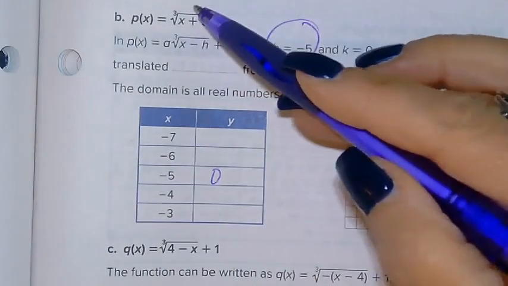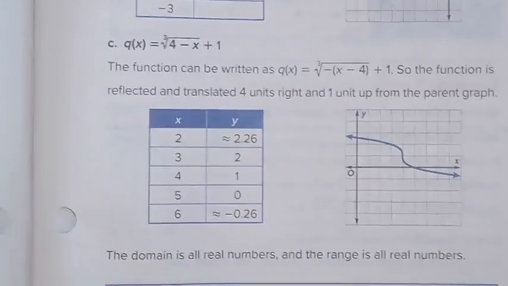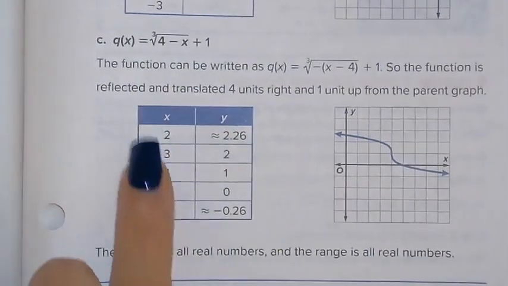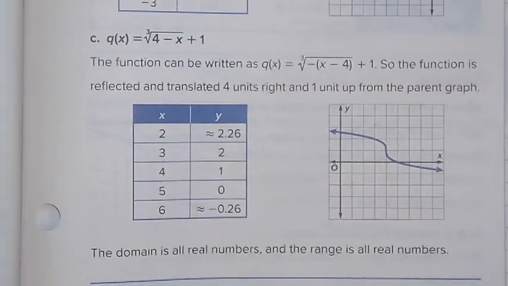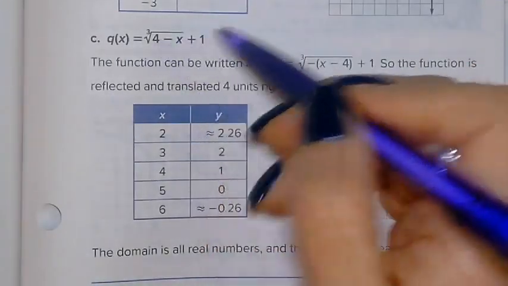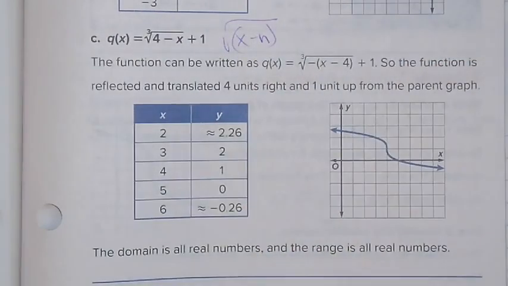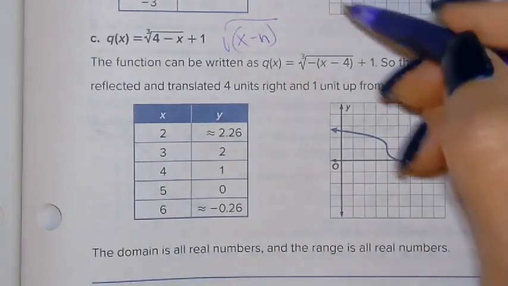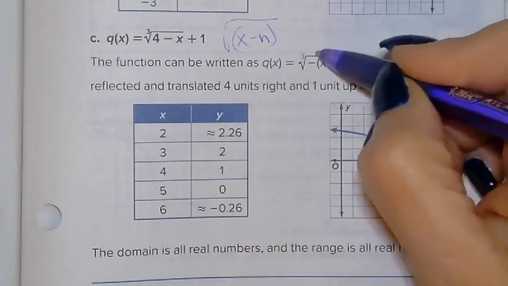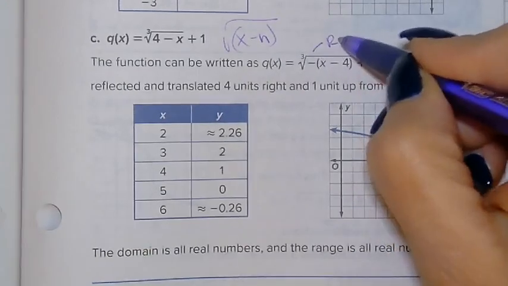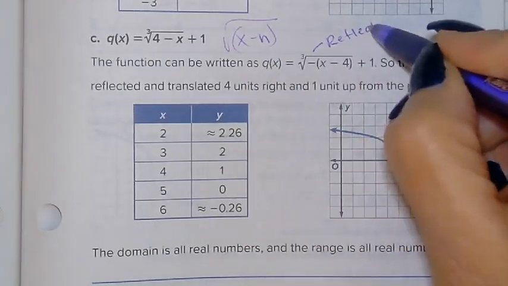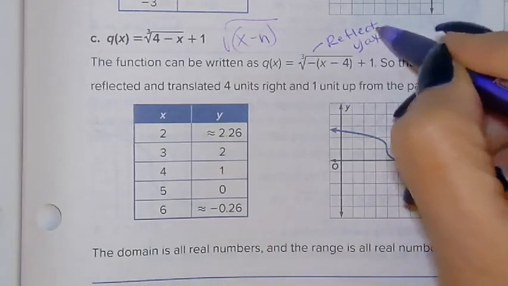This one has 3 transformations, but looking at it like this is not x minus h. Remember, we need x minus h inside the function. So this is x minus h, and this reflects around the y, so vertically. And instead of increasing, it is decreasing.